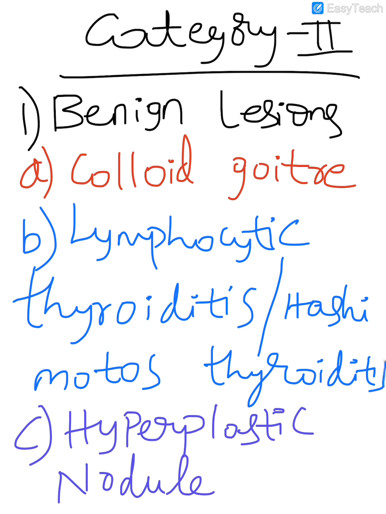So these are the benign thyroid lesions included under category 2 of the Bethesda system of thyroid cytopathology.